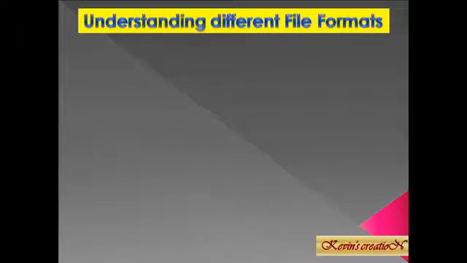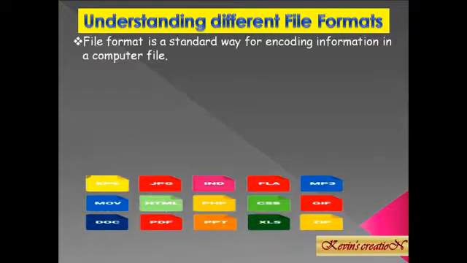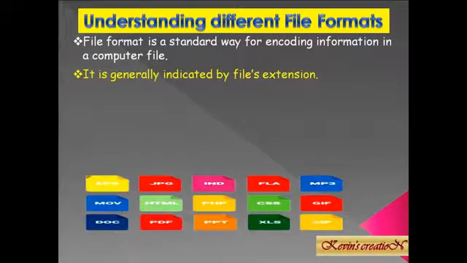Now, understanding different file formats. Here you can see JPG, AND, FLA, MP3, GIF. All these are various types of extension names. Whenever you save a file in your computer, it is saved with a file name and an extension.